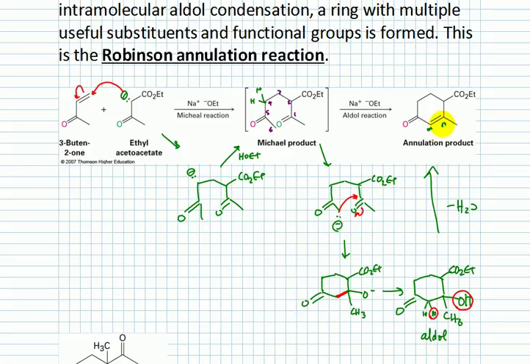It's alpha beta unsaturated within the ring. So if our product has a 6-membered ring, which is an enone, okay, so a carbonyl and it's alpha beta unsaturated within the ring, that's very commonly made with the Robinson annulation reaction.